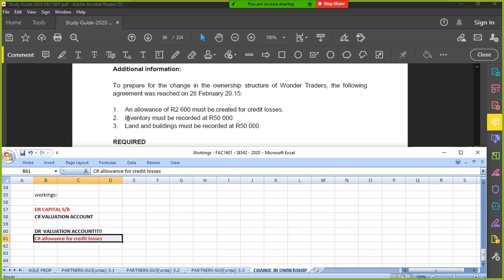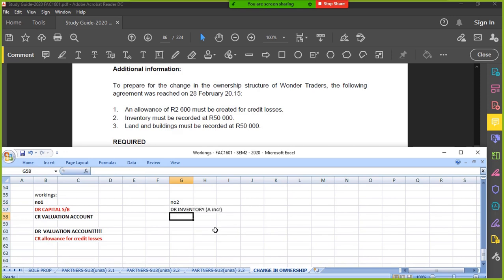All right, let's do the next one. Number 2, what's happening there? Inventory must be recorded at 50,000. So the inventory is worth more than it actually is. Good, so how do you increase the value of inventory? Debit it. Good.